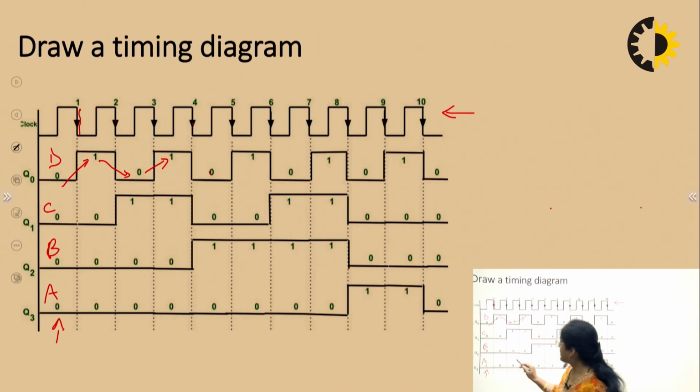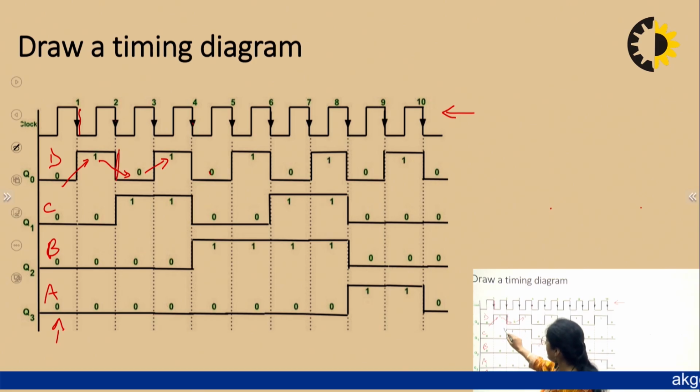For the first clock pulse, D is 0. But for this clock pulse, it is 1 and A bar is 1, so both are 1 and we get the result 1. And this 1 will remain 1 for the second clock also.